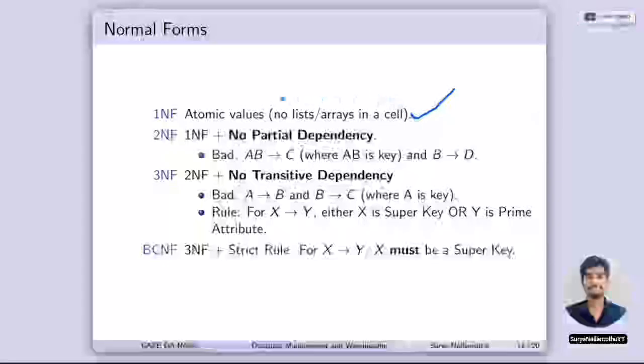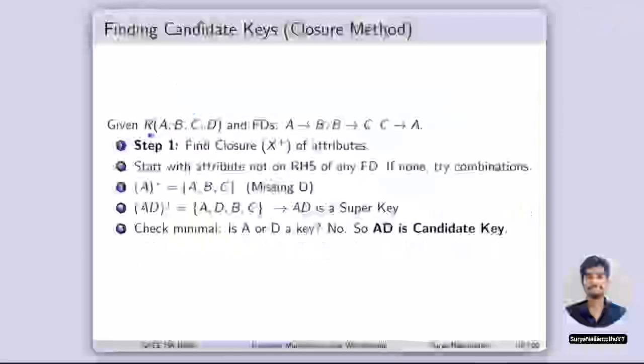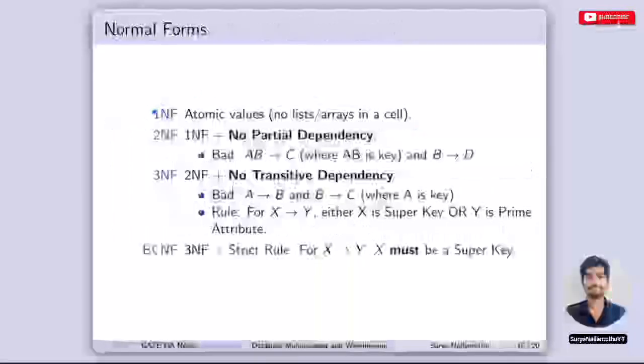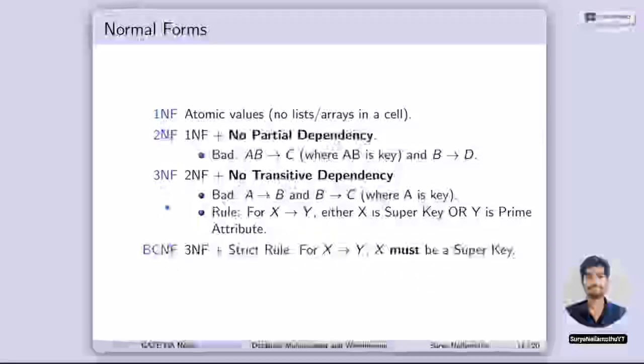The question is asking, for a given relation R, which normal form is satisfied. So we need to find the highest normal form.